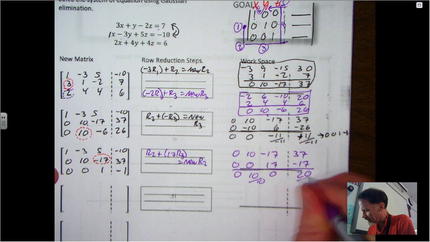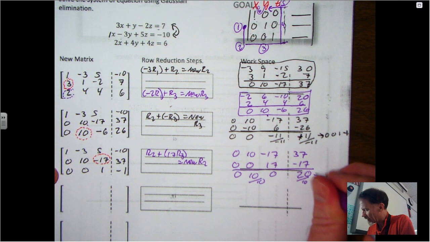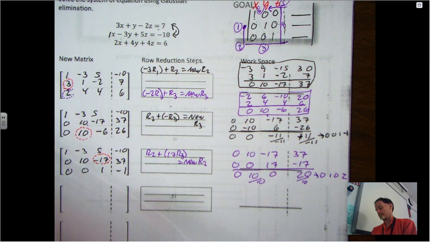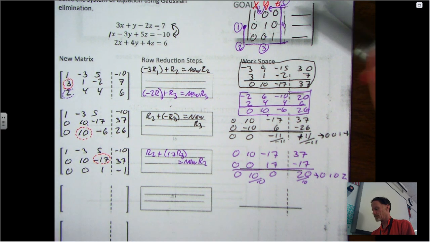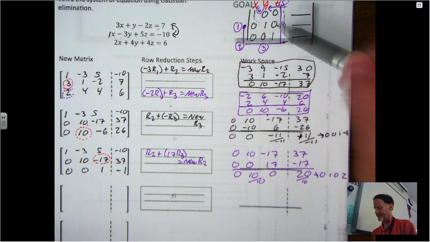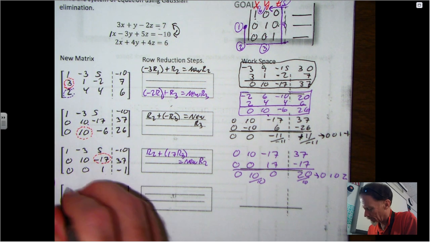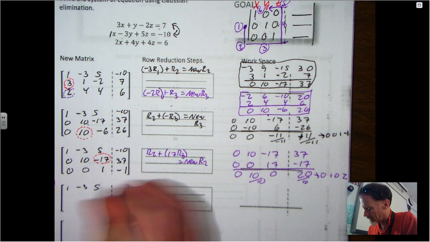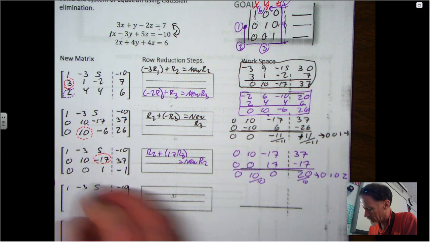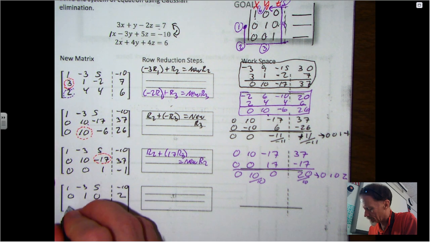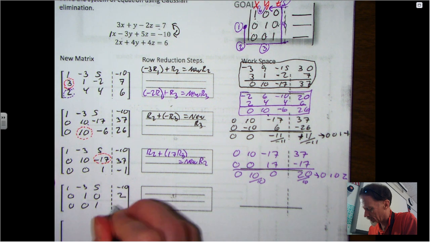Divide those by 10, and you have 0, 1, 0, and 2. And again, my second row is done. So you got 1, negative 3, 5, negative 10. Second row, 0, 1, 0, 2. And the last row, 0, 0, 1, negative 1.